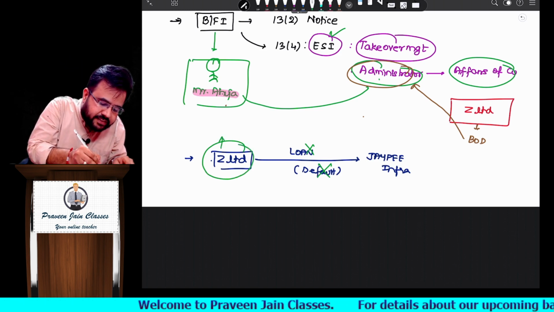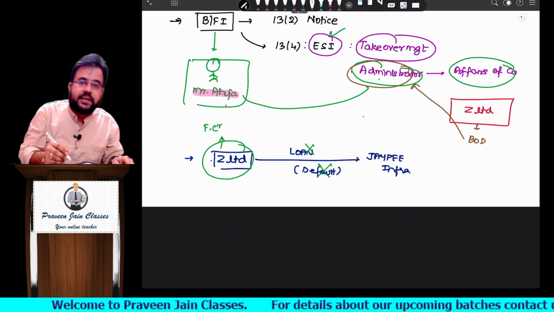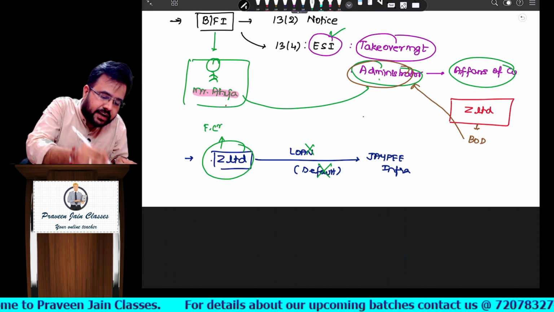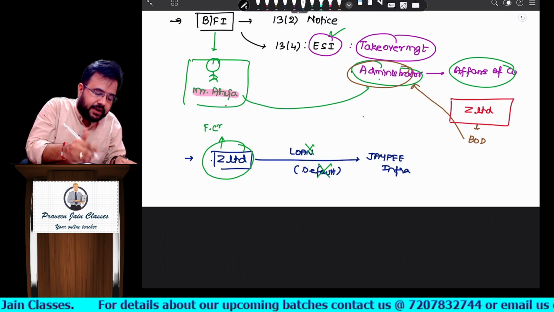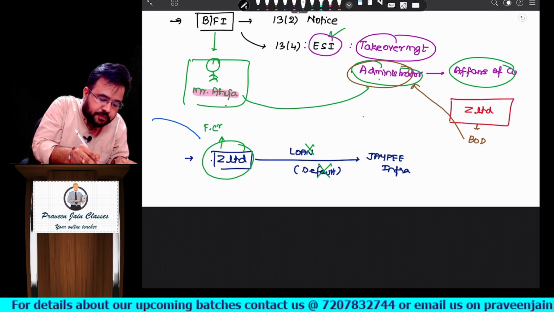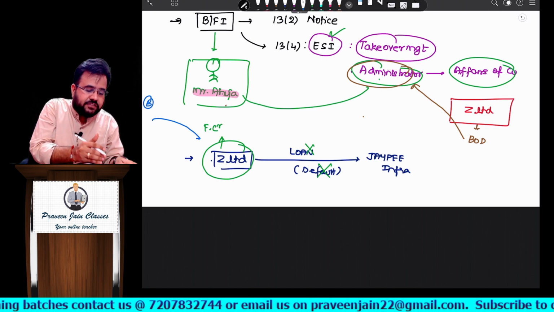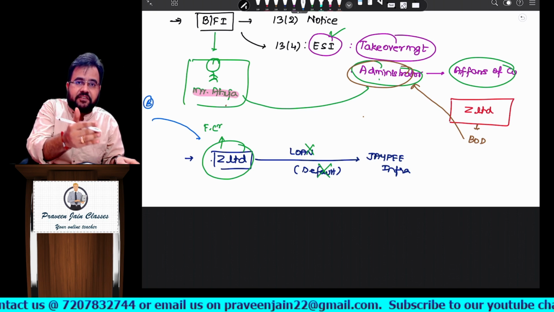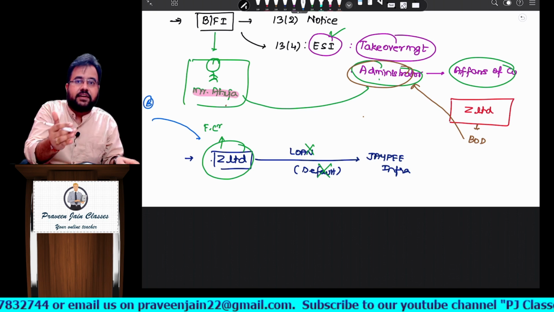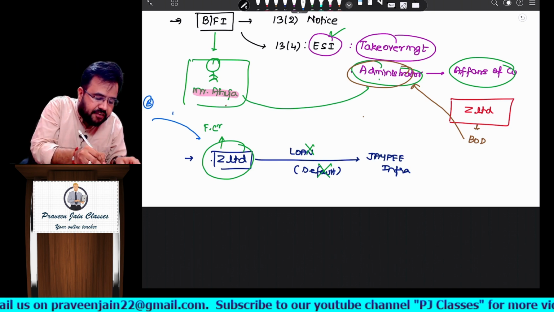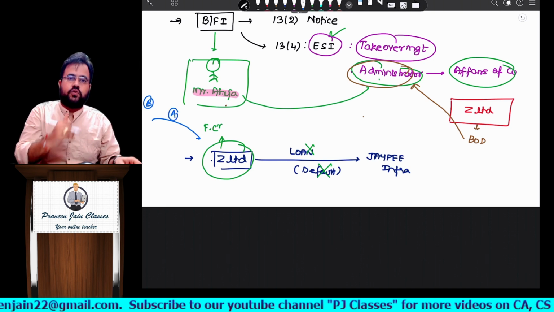So today Z Limited is the financial creditor. But can I say on this Z Limited, enforcement of security interest has already happened or not, sir? So the bank or financial institution has used their SARFAESI 13(4) rights, 13 subsection 4 rights, and has appointed an administrator to Z Limited.